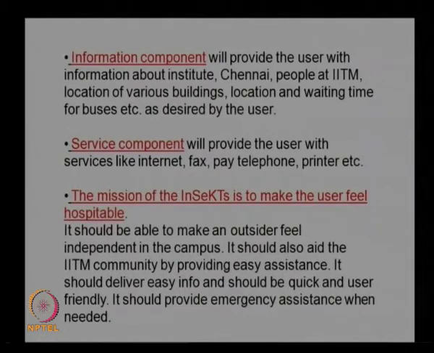The aim is to make sure that a person coming to IIT feels that he can get all the information. He is independent. He does not need to depend on many people for various services or information. So he will be comfortable in the campus. He can go to the kiosk and get all the information he wants, as well as find out the location of the buildings.